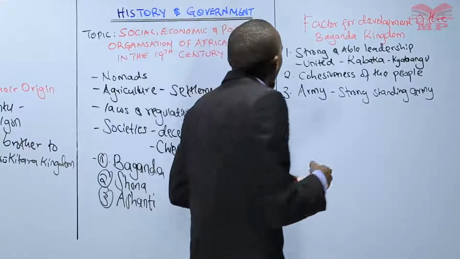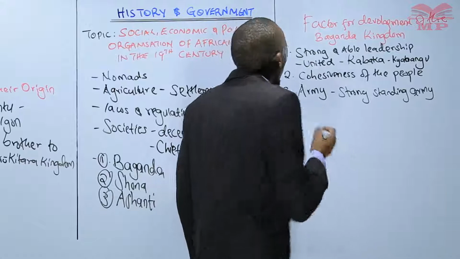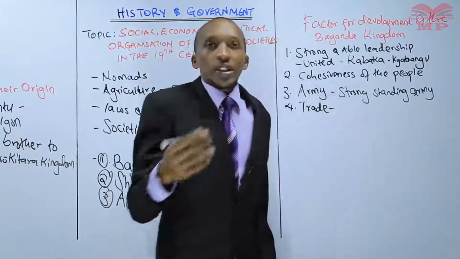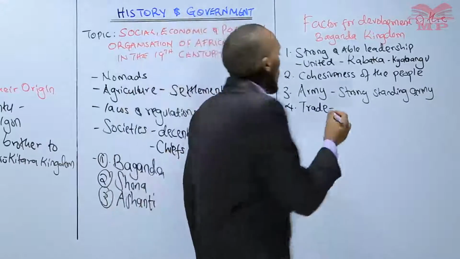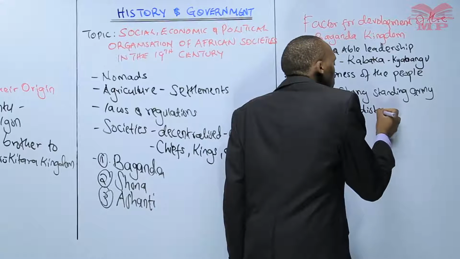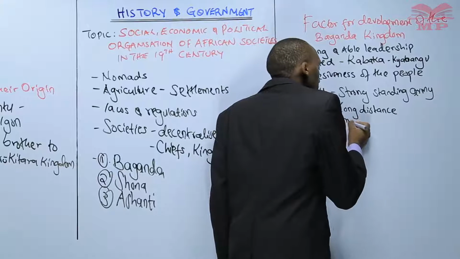And then another factor that really contributed, and this one was another very major one, was trade. The Baganda people started to engage in long distance trade during the 19th century. They were also trading among themselves.